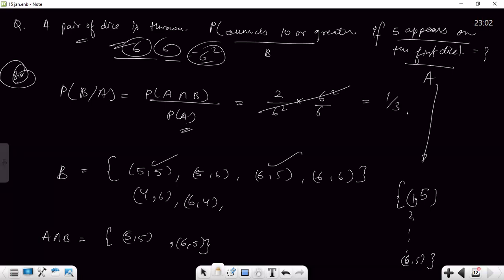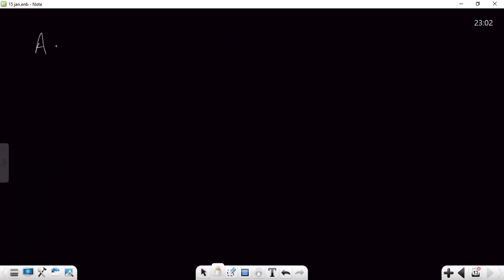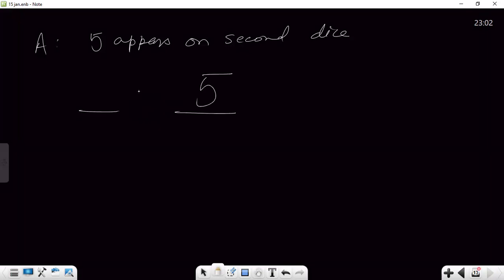Should I explain event A? No, what is event A, sir? Event A as per assumption was that 5 appears on the second dice. Okay, there are 2 dice thrown. 5 is fixed here. How many choices are there here to fill? 6 choices.